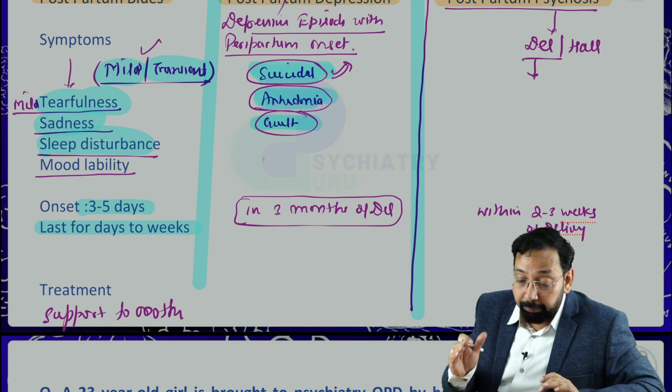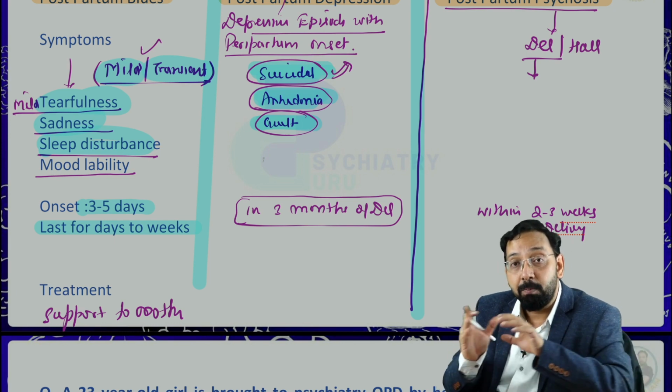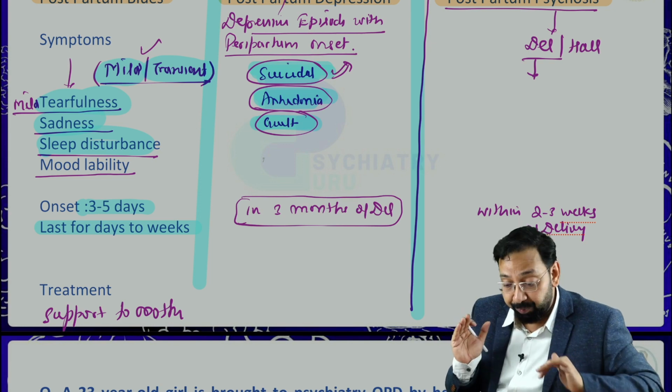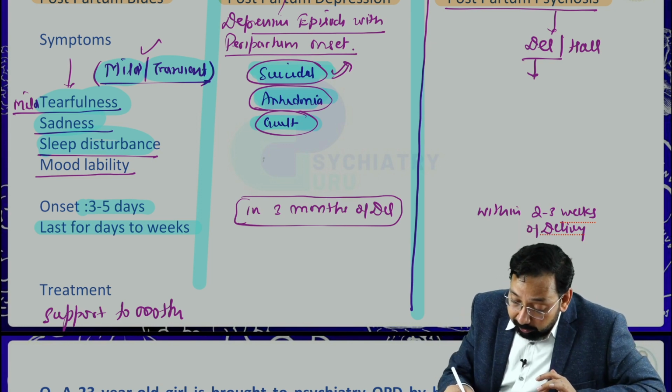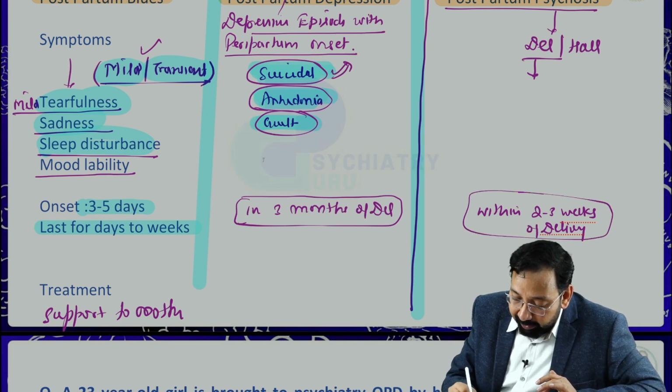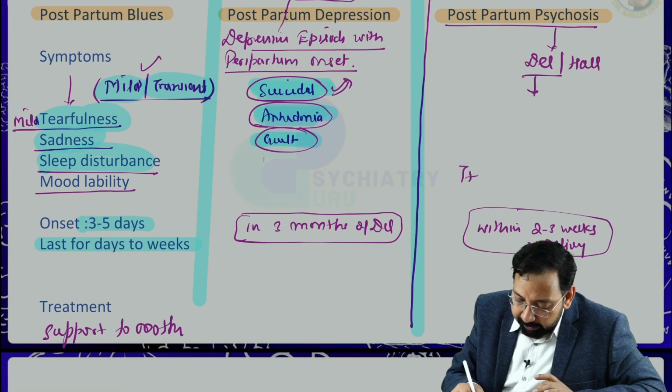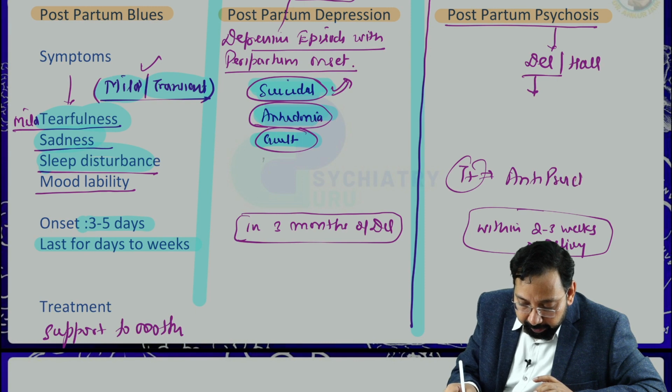So what we do, we separate the baby from the mother if we feel there is a risk. This occurs within 2-3 weeks of delivery. And the treatment is antipsychotic. Role of lithium is also there. In this, you will definitely use antidepressants.